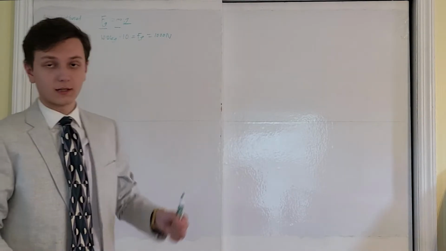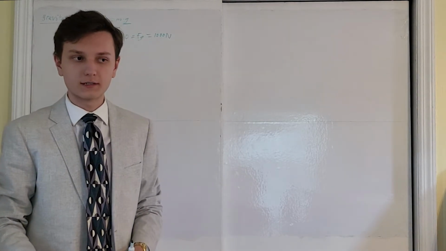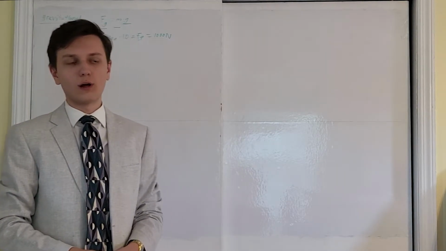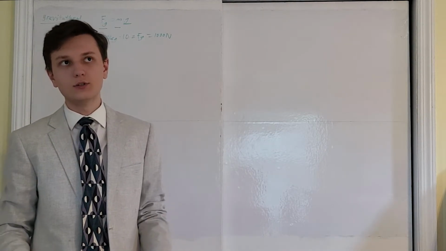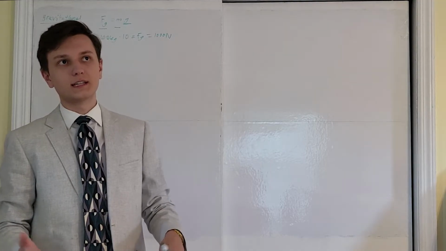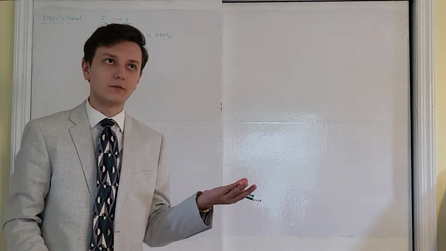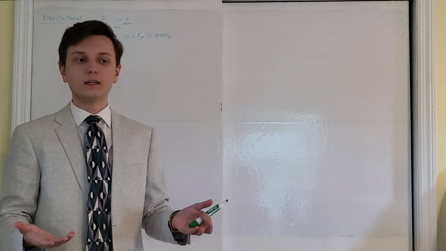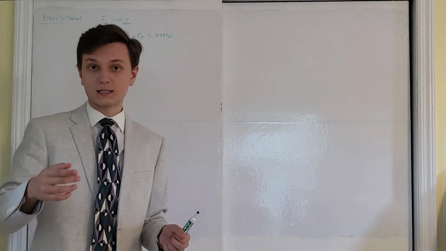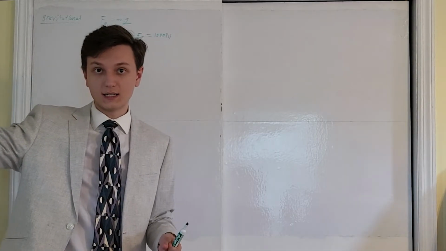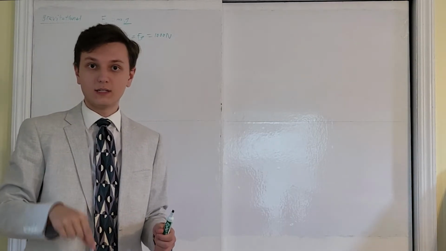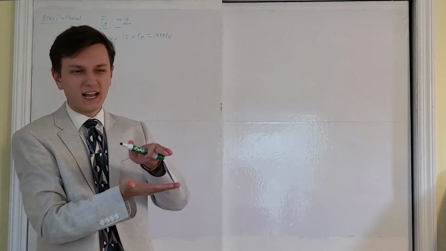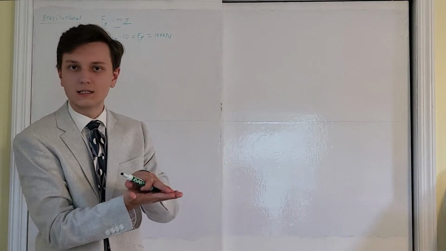G is the acceleration due to gravity at Earth's surface. And you might be asking yourself, well, wouldn't that mean that the acceleration due to gravity would be different at sea level than it would be on the top of Mount Everest? Yes, you're correct. It would be different. But compared to the distance between here and the International Space Station, the distance between here and Mount Everest is a very, very, very small distance.